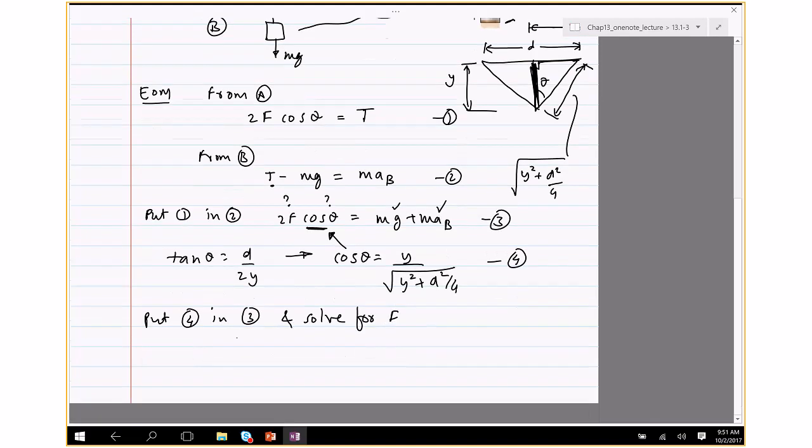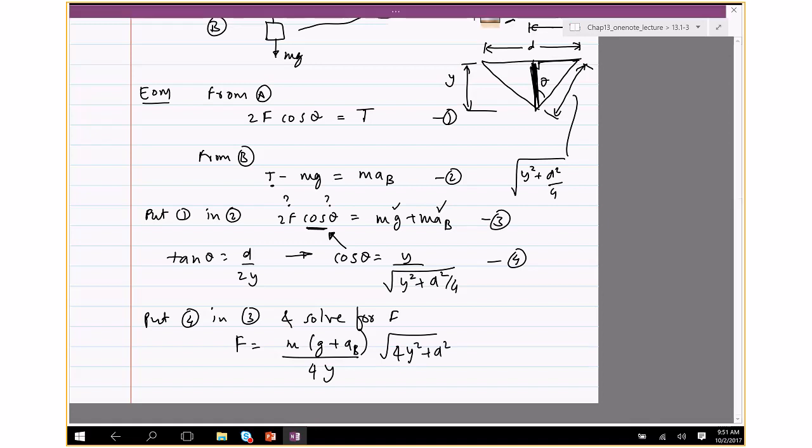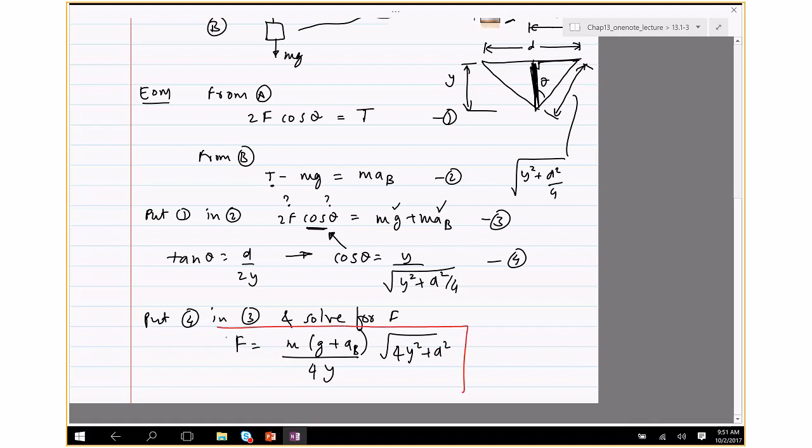So F comes out to be m times g plus AB, divided by 4, I think there's a y here, y times the square root of 4y squared plus d squared. Is this cosine equal to y over the square root of y squared plus d squared over 4?